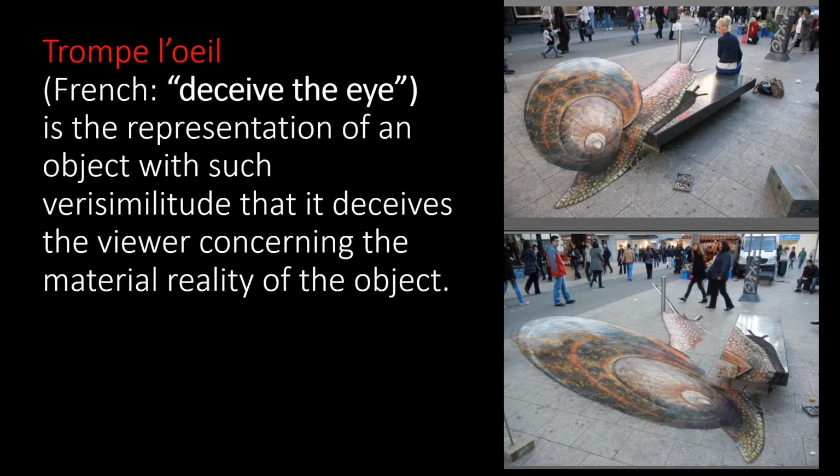So you can see the snail looks very much like it's a three-dimensional object with the lady on the bench, but when you step away to a different angle, you see that the actual drawing was not realistic at all. It was broken into two parts, and only from the angle of the first photograph does it look real. It fools your eye.